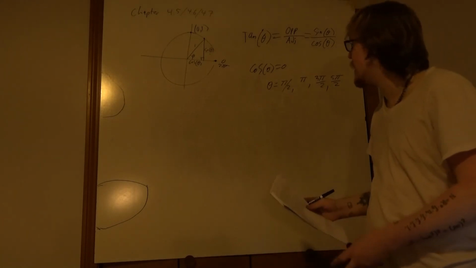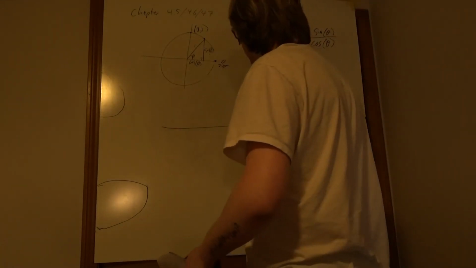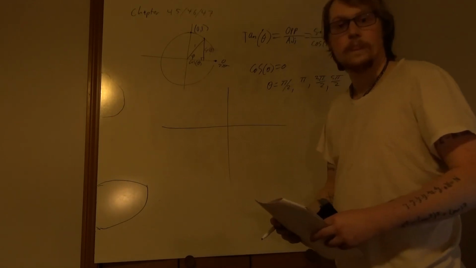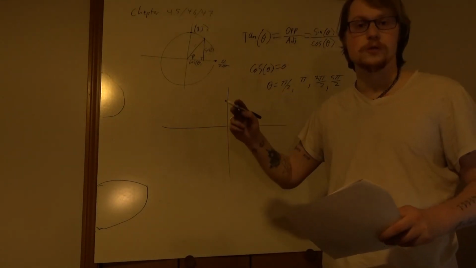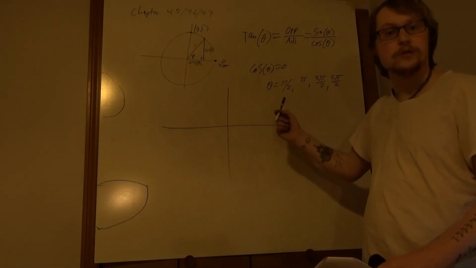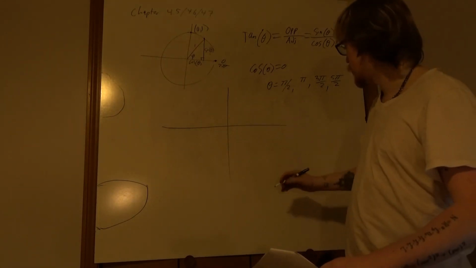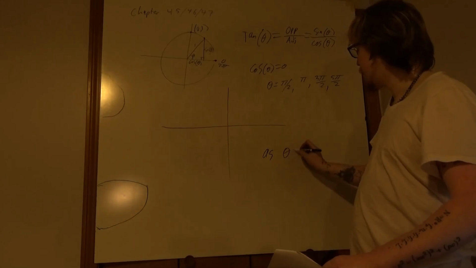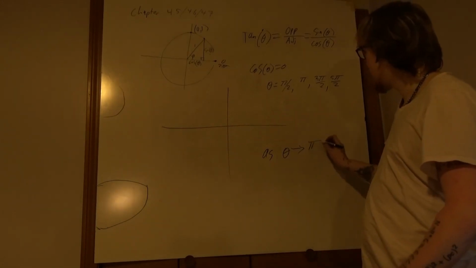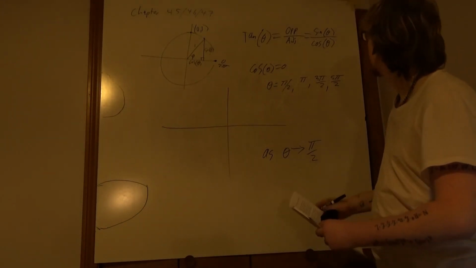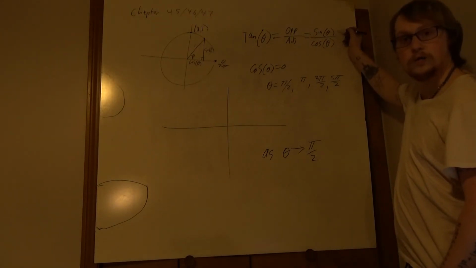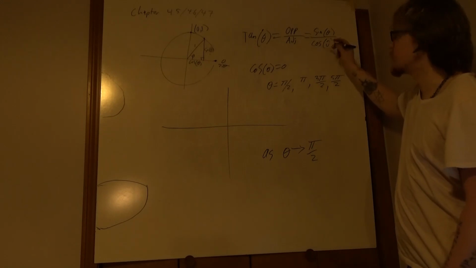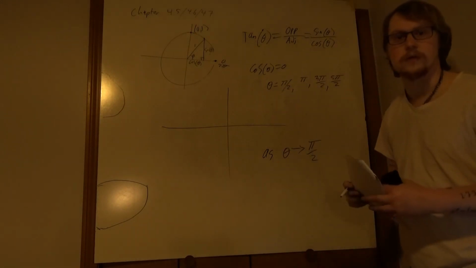So if that's the case, what does the graph of tangent look like? Well, what happens as theta approaches pi over 2, the first one that we have an issue with? As theta goes towards pi over 2, we see that sine of pi over 2 is 1, so it's positive, and cosine of pi over 2 is 0, so obviously it gives us an issue.